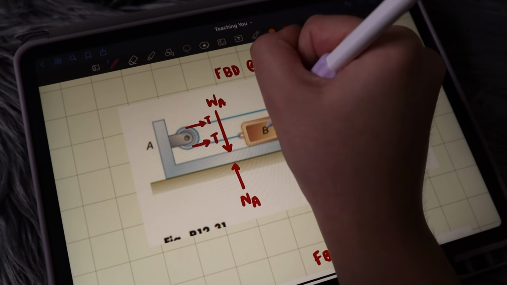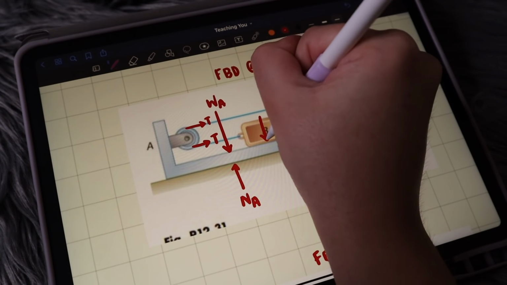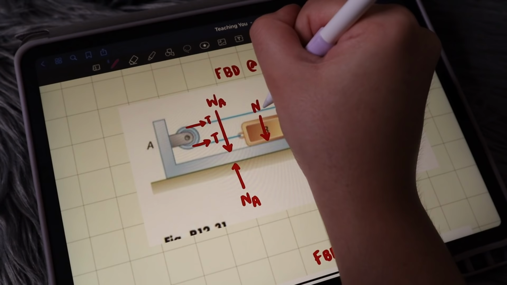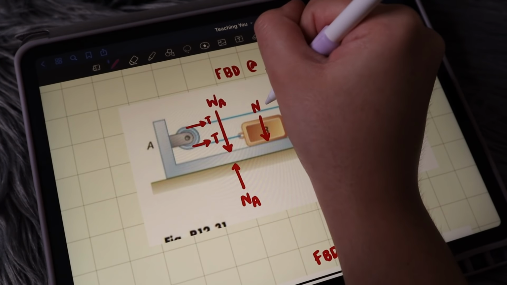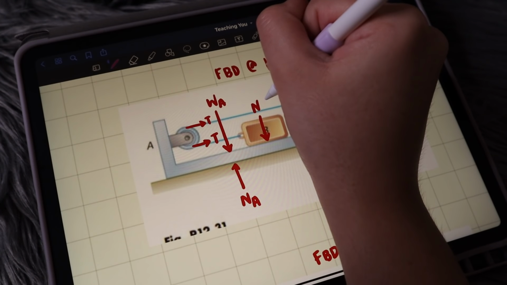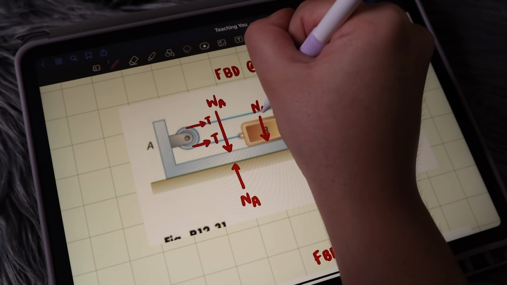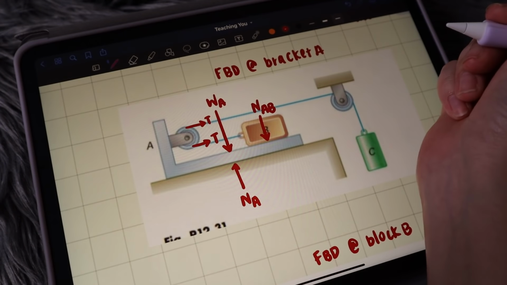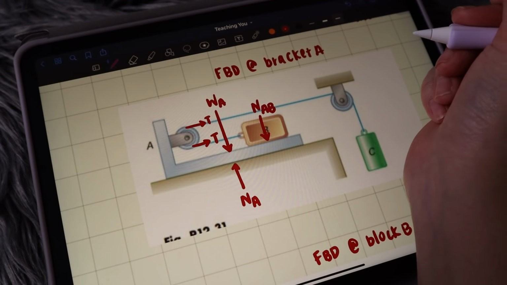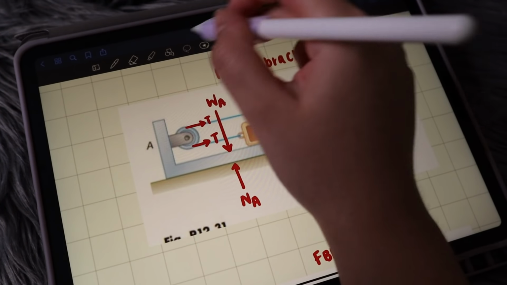We also have the weight of B, but this is going to act as a normal force, so we'll call that normal force AB because it's between A and B. Or you could just call it NB, I guess.